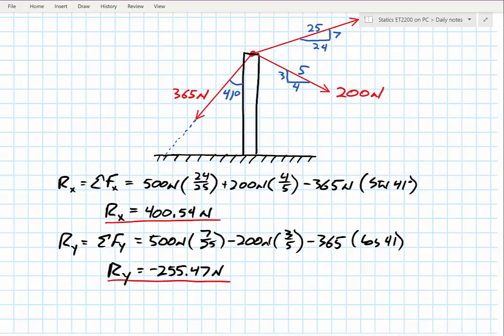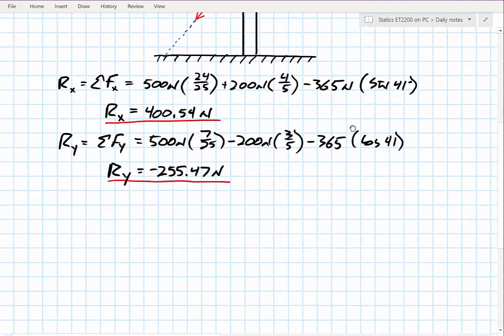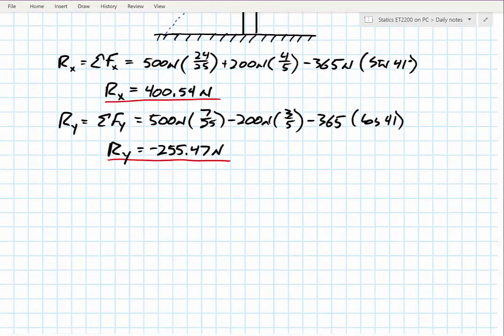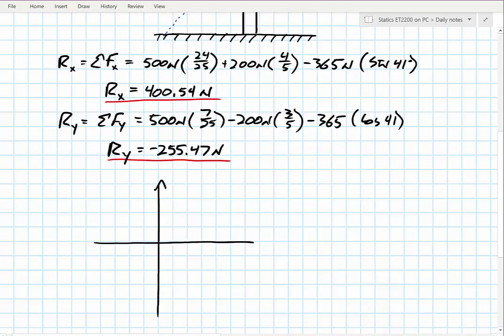So if I'm looking for my total resultant from those three forces, what I've just found are my two components. So like we talked about before, solving these things backwards, going back to my coordinate system, I have this in the x direction, I have, what was it, 400.54 newtons, and in the y, so I'm adding these head to tail, in the y, 255.47 newtons.